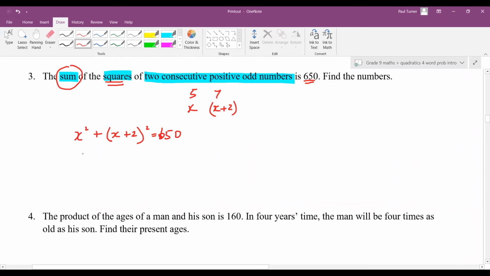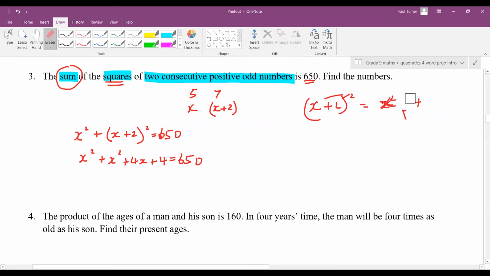Okay, so we've got x squared plus, now let's expand that, x squared plus 4x plus 4 equals 650. Be careful with that, remember. Some students think that's x squared plus 4. It's not, is it? You're missing the middle term here. So don't just square both. You can't do that when you have addition. I do see that sometimes with some students, not really your class, but in the past.